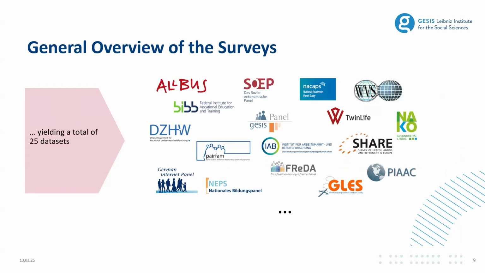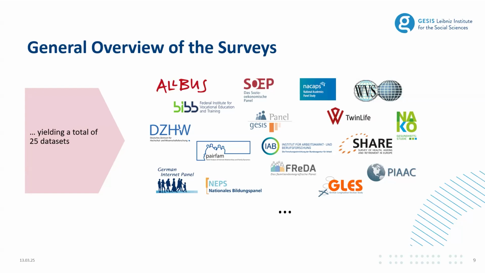For many of those data sets, you can see the logos of the respective survey programs. Just to name a few, we identified the data sets collected within the ALBUS, the ZERP, the socioeconomic panel, the TwinLife study, the national health studies, SHARE, or the German Longitudinal Election Studies, and so forth.